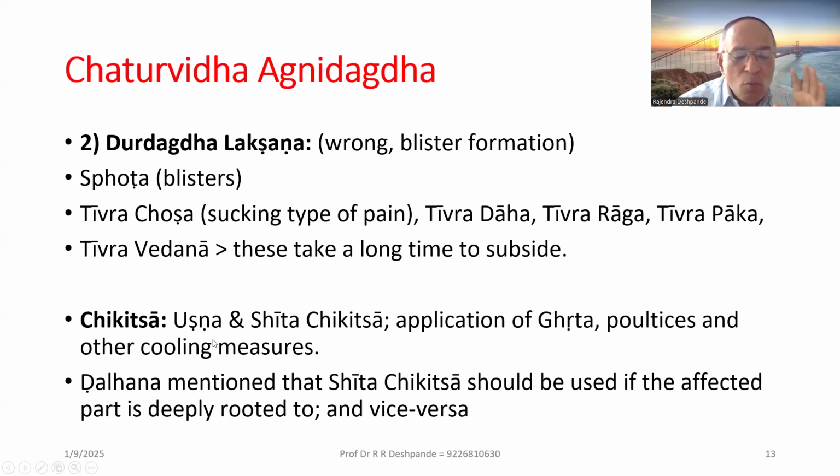Here you can see more cooling measures have been mentioned. Dalhana mentioned that Shita Chikitsa should be used if the affected part is deeply rooted too. So whenever there is a deep trauma or Agni Dagdha, then naturally cooling treatment should be followed, which is mentioned by the commentator on Sushruta, that is Dalhana Tika.